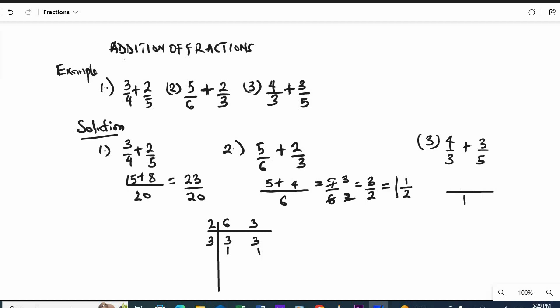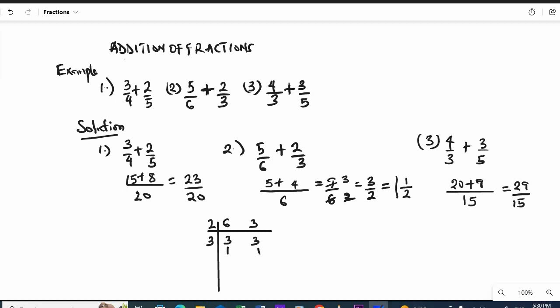So we'll say this is 15. Okay. And then 15 divided by 3 gives 5, and then 5 times 4, that's 20. And then 15 divided by 5 gives 3, and then 3 times 3, that's 9. Okay. So 20 plus 9 is 29 over 15.